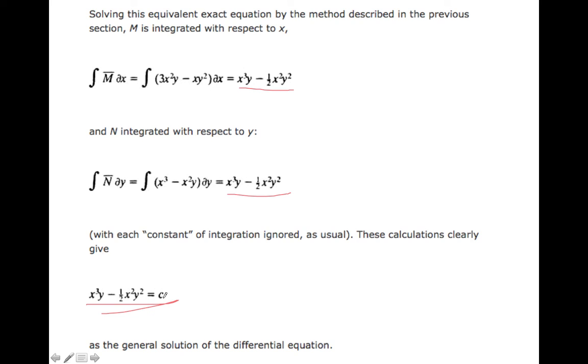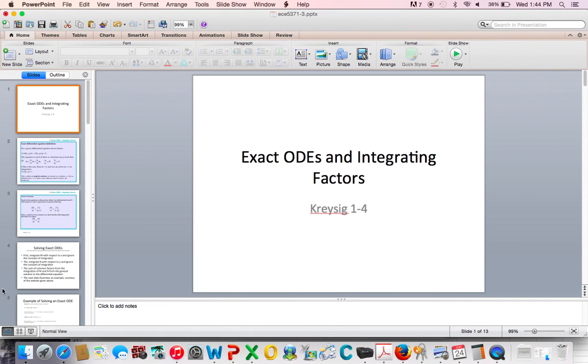If this constant is determined, then you can get a single curve in x and y. If the constant is not determined, then what you have is a family of curves, or a family of solutions. That allows you to generate the solution of these differential equations. A lot of times the solution will need to be graphical because some of these are very hard to visualize.